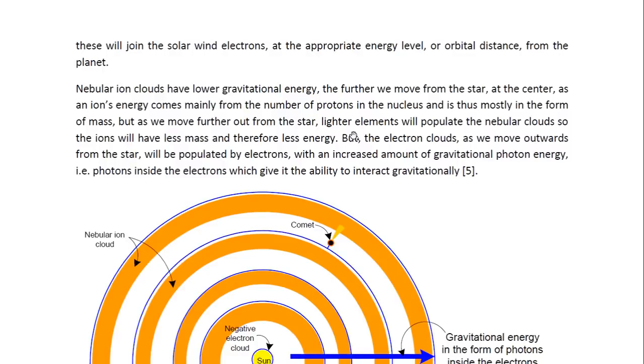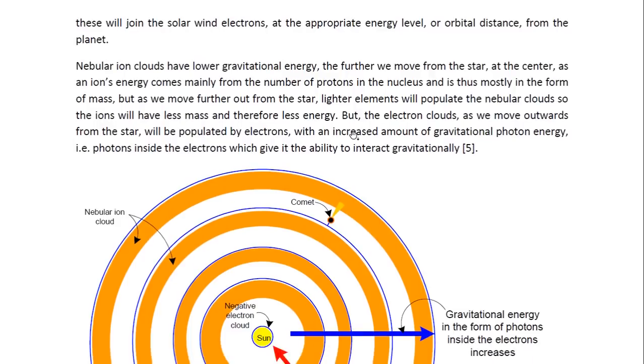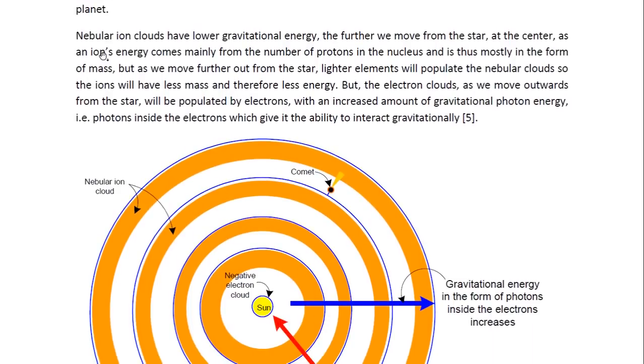Nebula ion clouds have lower gravitational energy the further we move from the star at the center, as an ion's energy comes mainly from the number of protons in the nucleus and is thus mostly in the form of mass.